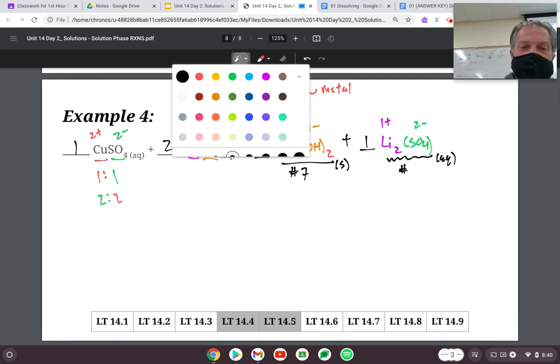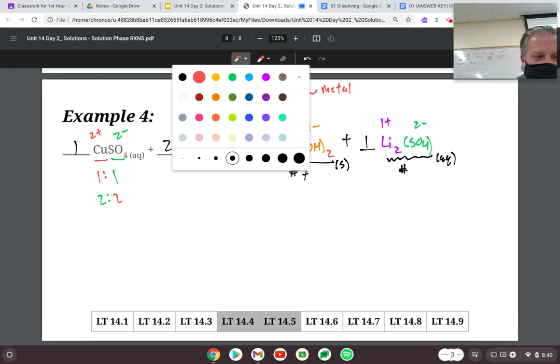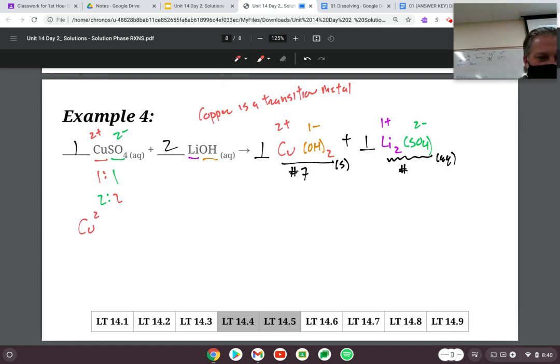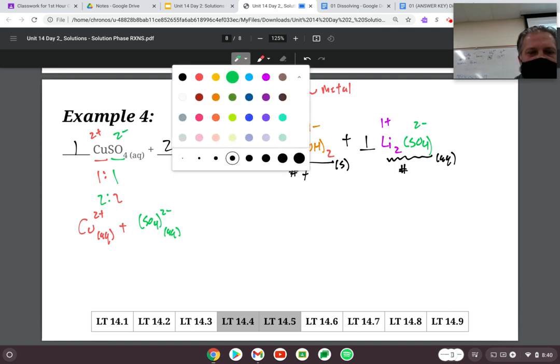I'm going to start by writing out the entire equation. So I have copper, which is a +2, and it's aqueous at the beginning. And I have sulfate, which is a -2, and it is aqueous at the beginning. And I have lithium.